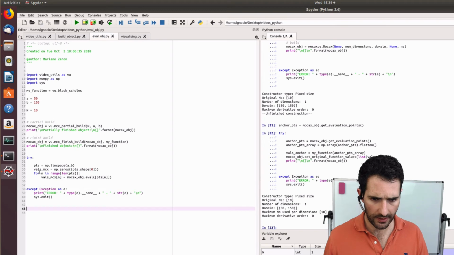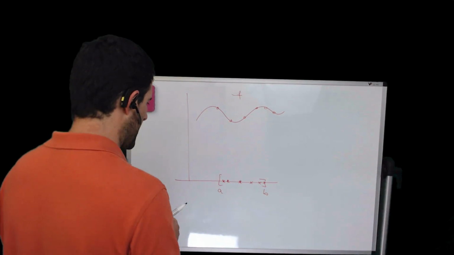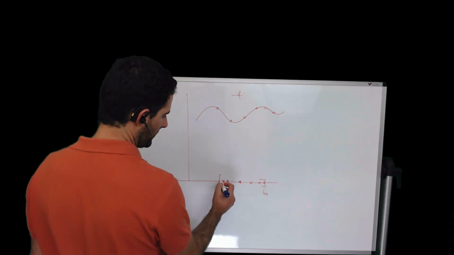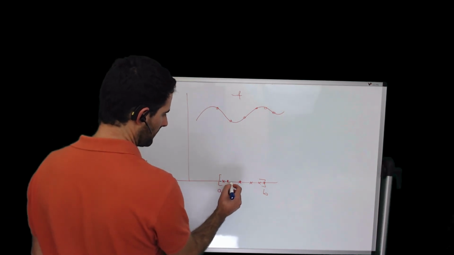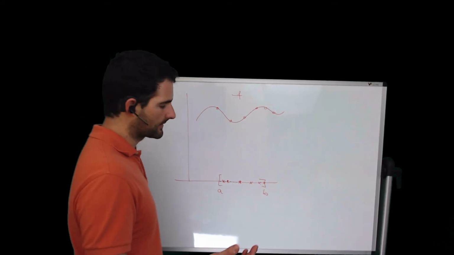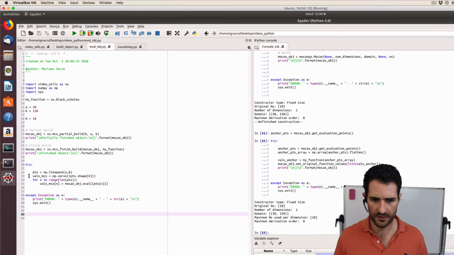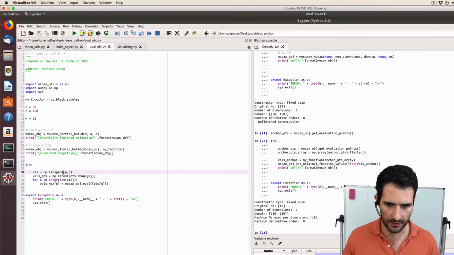So let's say that you're interested in evaluating the object at a collection of points in the domain where you've created the Mocax object, which is usually the case when you want to run risk calculation. These are the points you're going to be interested in evaluating. Those points are the ones that I've defined here by the variable points.